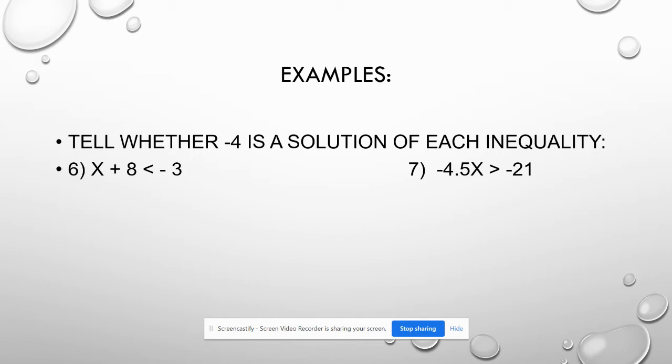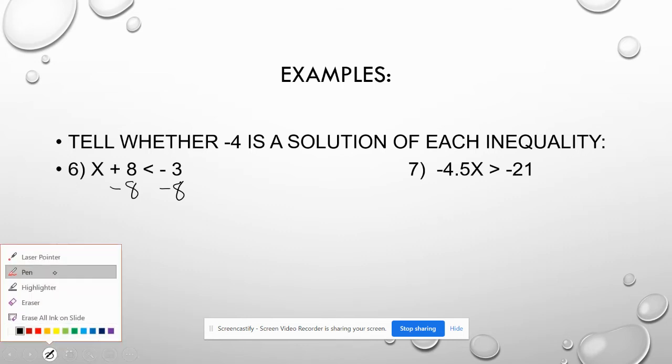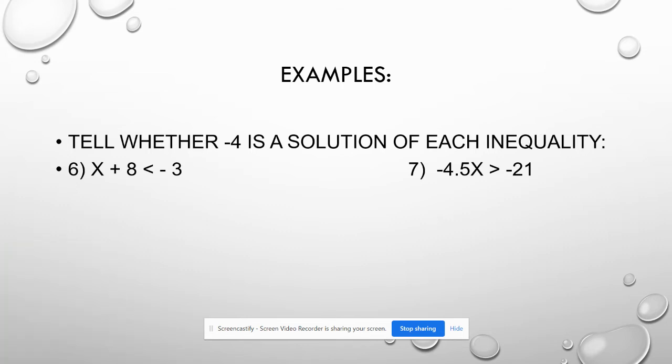Tell whether -4 is a solution of each inequality. For number 6, we would start with subtracting 8 from both sides if we were solving. And then we could see that way.